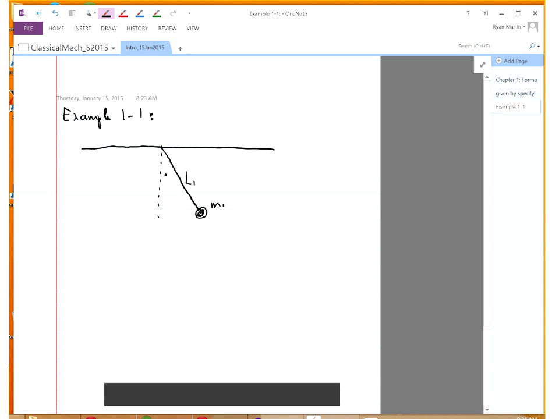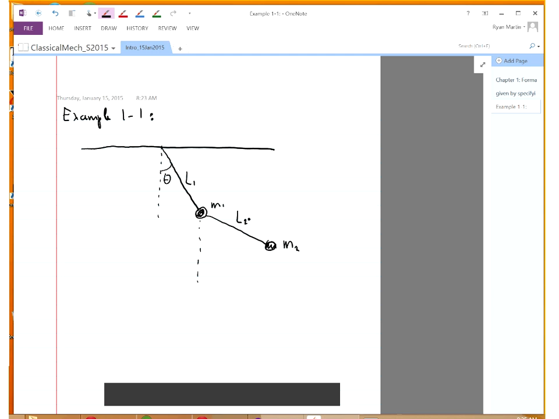And let's say this makes an angle theta for later convenience. And then we have attached to that pendulum a second mass, M2, attached with a rod of length L2, and it's inextensible.